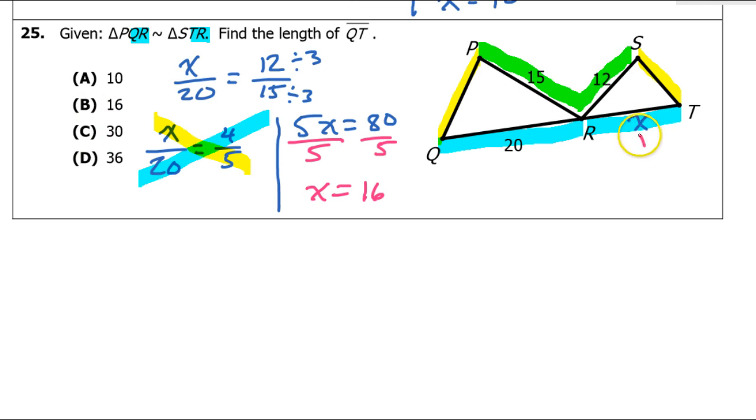So this is 16, but that's not what they asked us to find. They asked us to find the length of QT. So QT is 16 and 20 put together. That is going to be 36. So QT is going to be 36, and the answer is D.